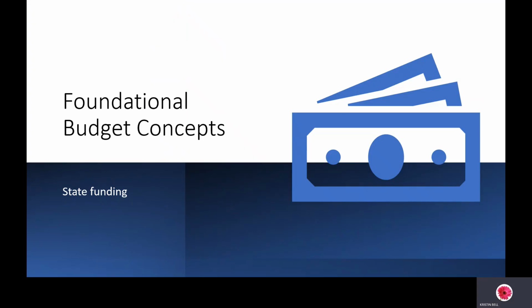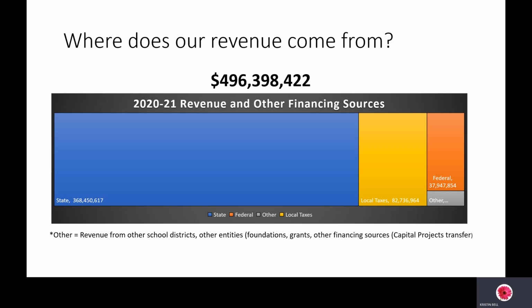Starting off with some foundational budget concepts around our state revenue, our state funding rather. This graphic shows the budget for 2021 current year is that $496 million number. As you can see, the majority of our revenue does come from the state. The yellow over there would be our local taxes collected.